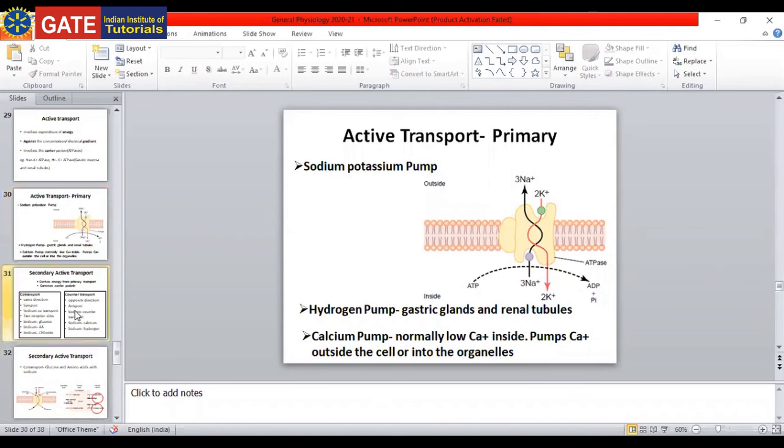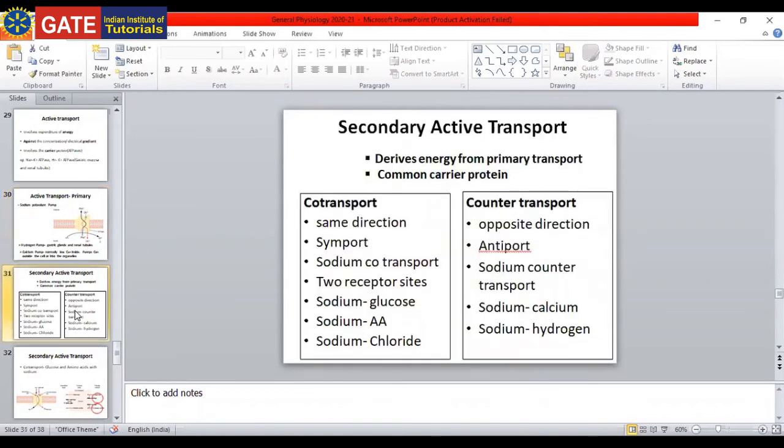Secondary active transport is different from primary active transport in that it derives its energy from the primary active transport, and the substance direction could be the same or opposite.